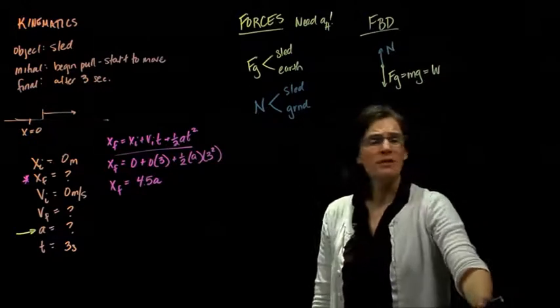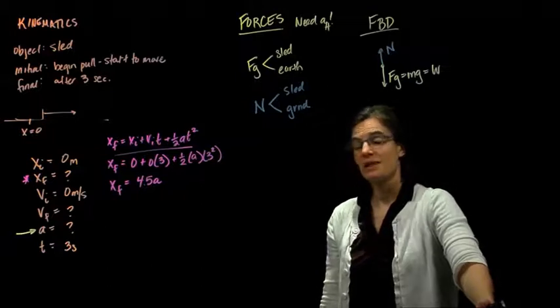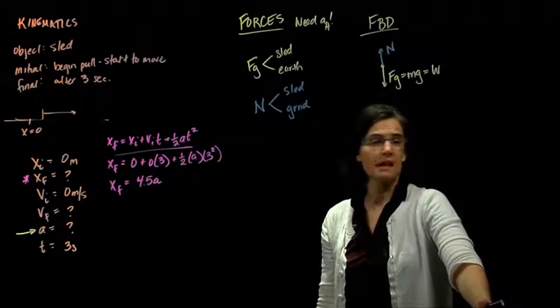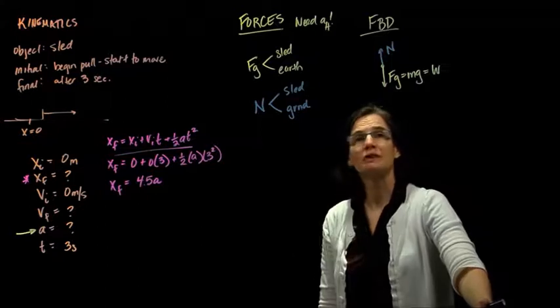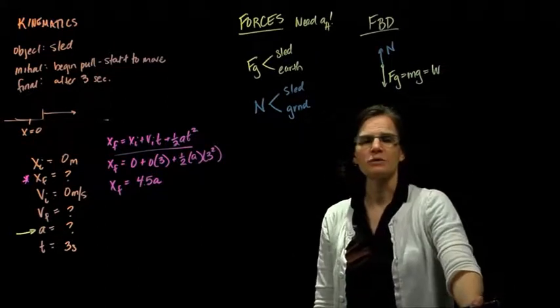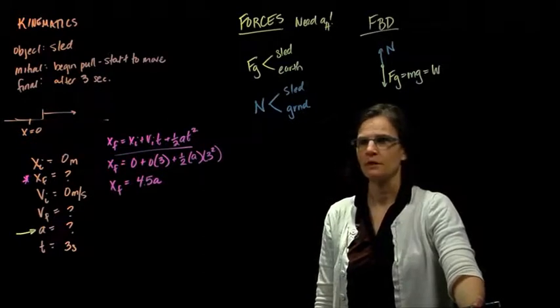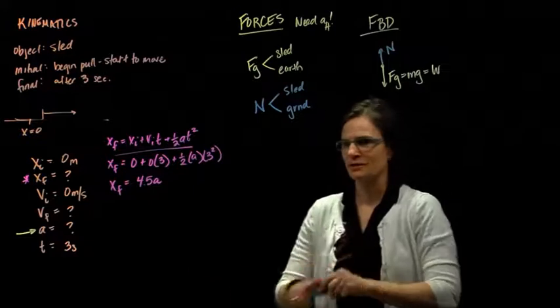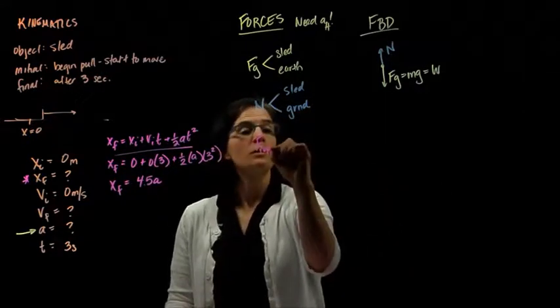As we develop our free body diagram, I make some predictions. I think about if there are any other forces acting on the sled in the vertical direction. There aren't. It's not changing its motion vertically, so I'm going to represent that in my free body diagram as those two arrows being equal. No net force in the vertical direction. Okay, what else is it interacting with? Well, the rope. So we have the force of the rope, which we call a tension.